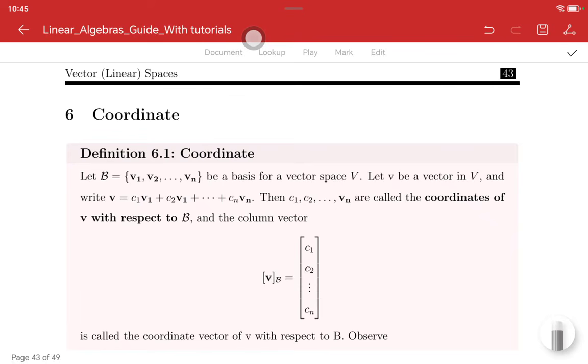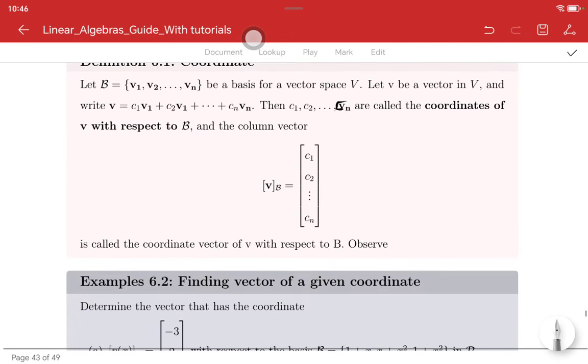So here, let's see what they're saying about the coordinates. Definition 6.1, coordinates. Let B equal a set or collection of vectors, a basis for a vector space V. And let v be a vector in V, and write v as a linear combination of these vectors together with their coefficients. Then C1, C2, up until Cn are called the coordinates of v with respect to B. Then we determine the column vector.